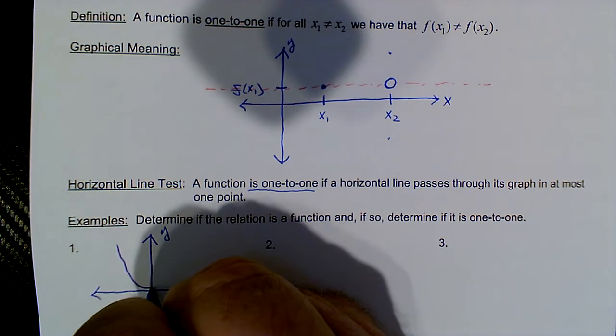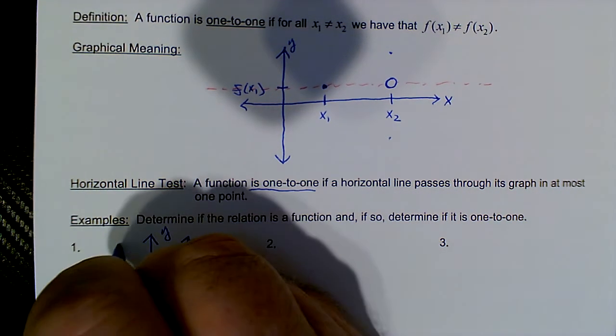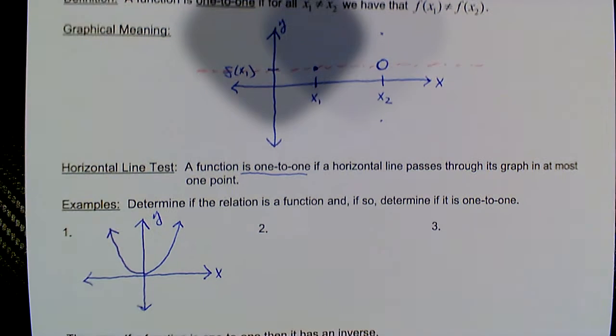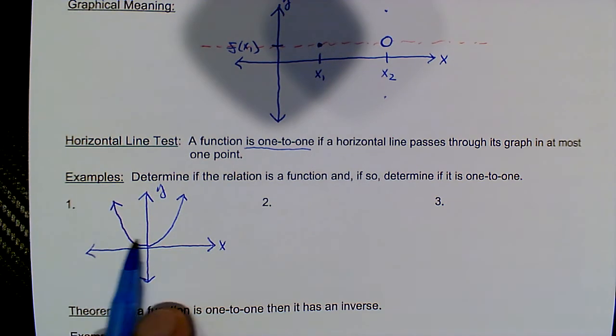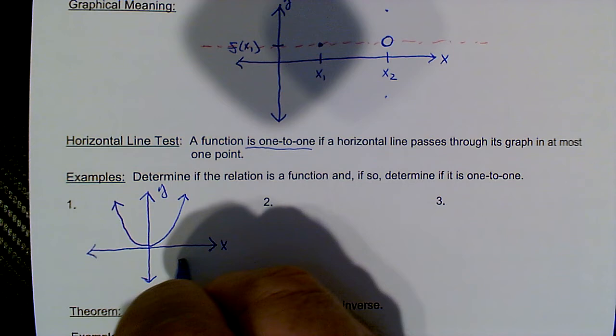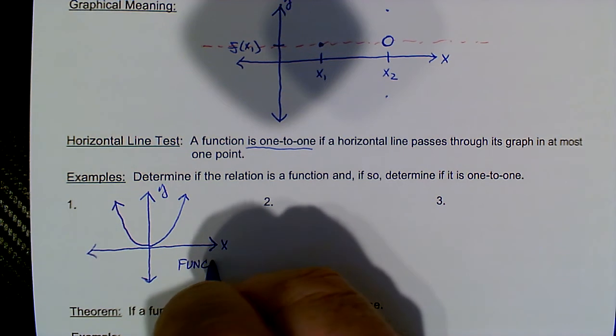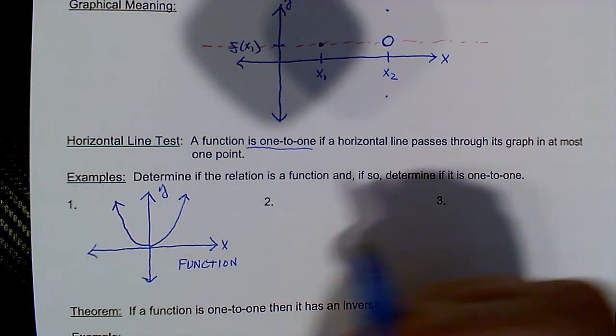And it really doesn't matter where the vertex is, but I'll put it at the origin. Okay, so first off, is it a function? That's the vertical line test, and you can see a vertical line passes through it in at most one point, so it is a function.